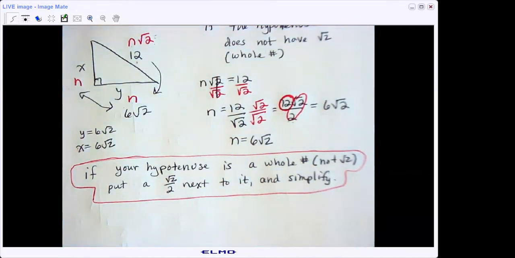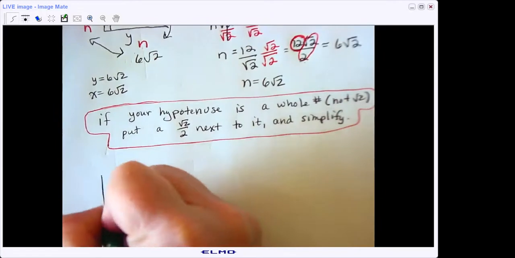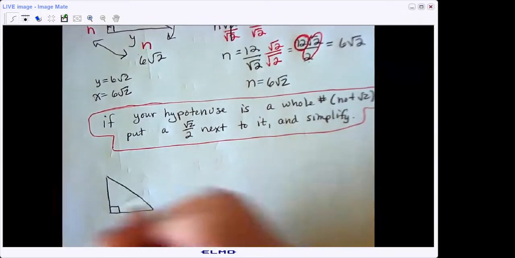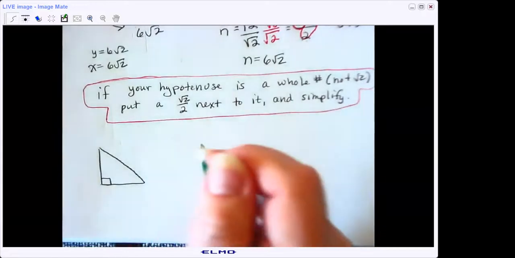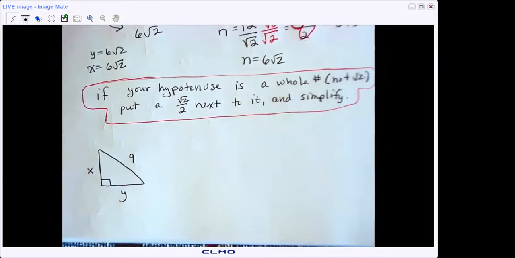So our last example, before we start on the assignment, let's go ahead and draw one more triangle. This time we're going to call the hypotenuse 9.